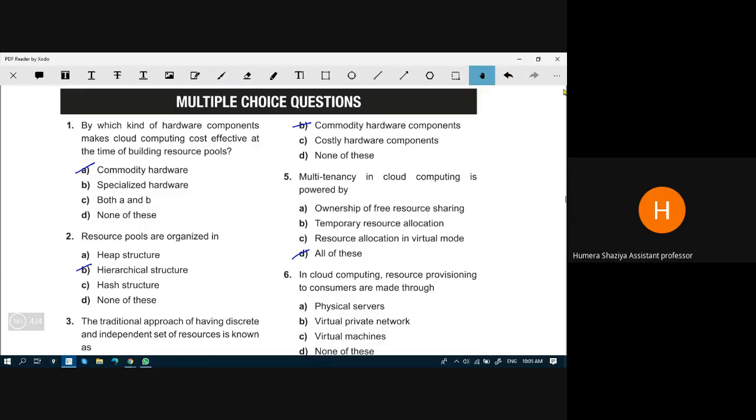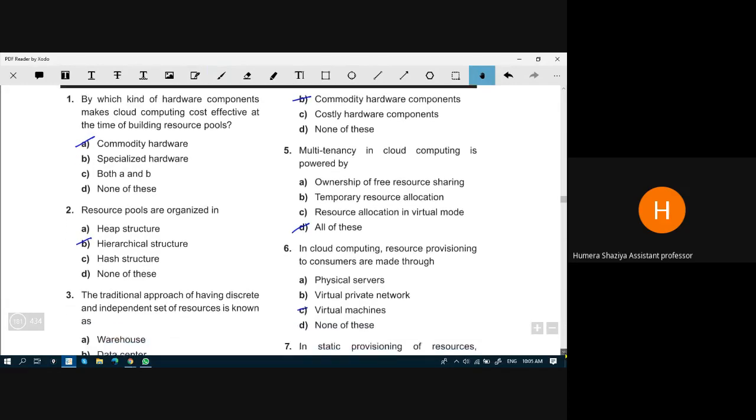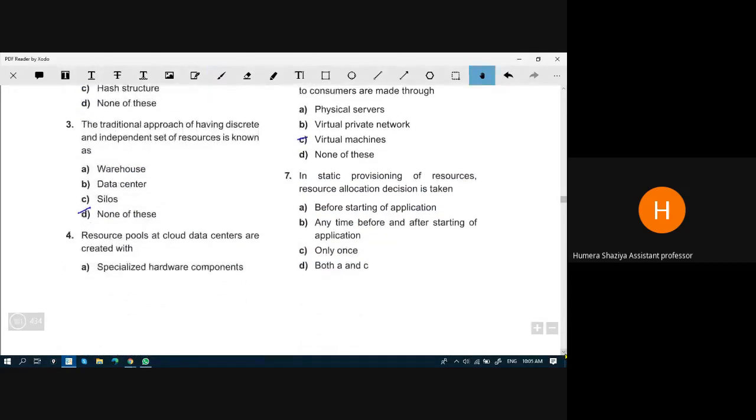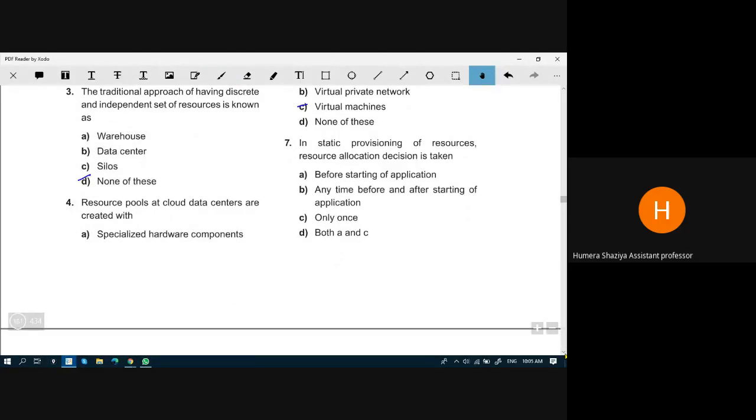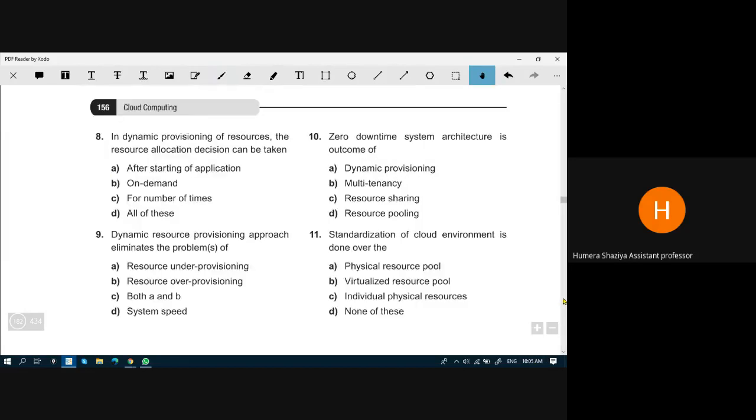In cloud computing, resource provisioning to consumers is made through virtual machines. In static provisioning of resources, the resource allocation decision is taken before starting of the application. In dynamic provisioning of resources, the resource allocation decision can be taken after starting of the application, on demand, any number of times.